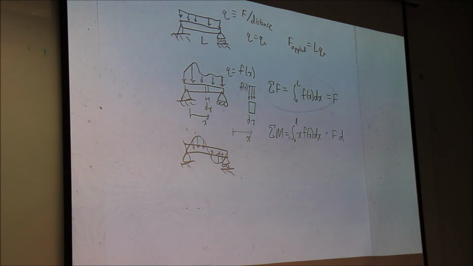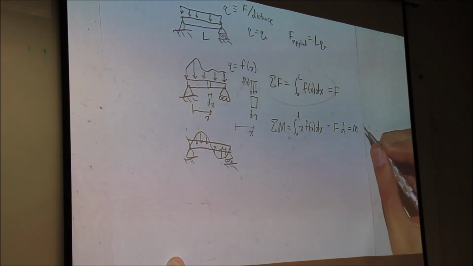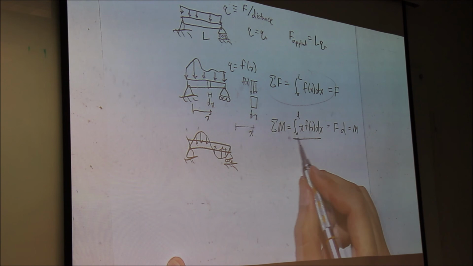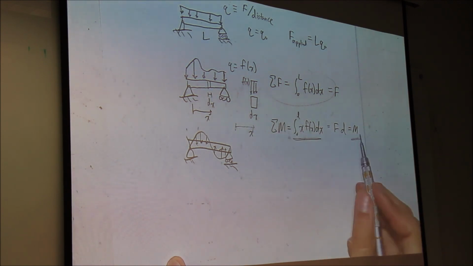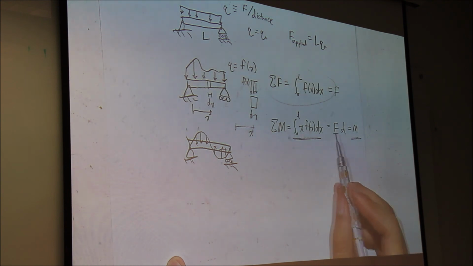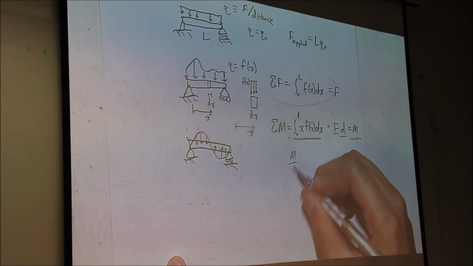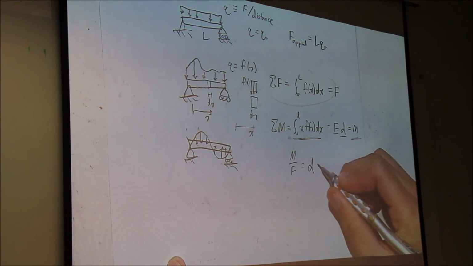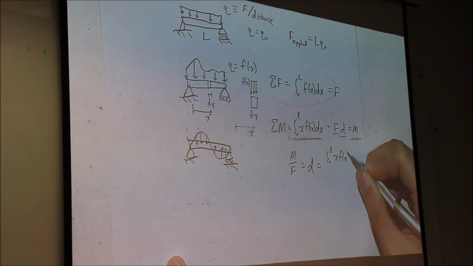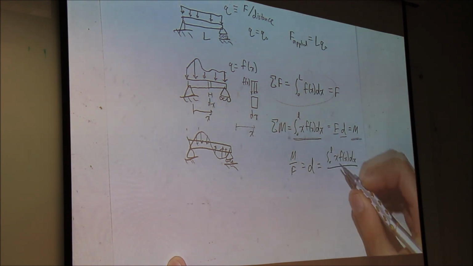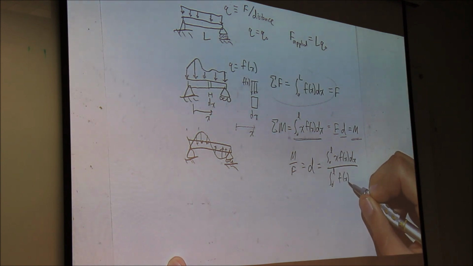And to find that value of d, we know that this guy here is equal to some total moment applied. If we divide this moment by this force, we'll get some d value. And so M over F is equal to d, which is equal to the integral from 0 to L of x f of x dx over the integral from 0 to L of f of x dx.